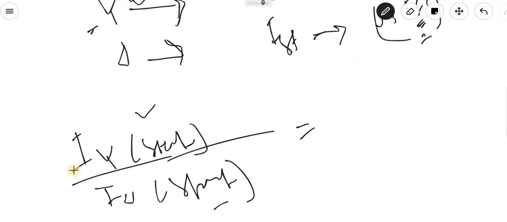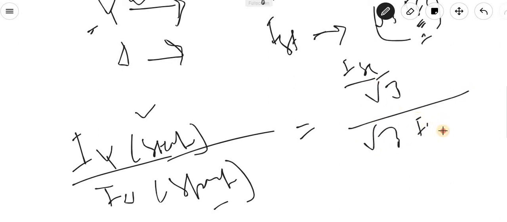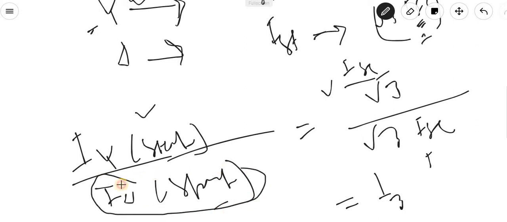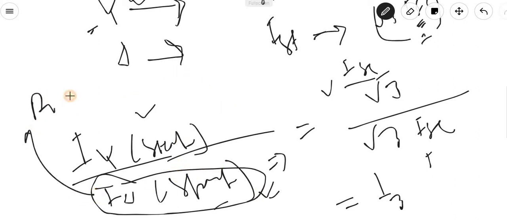ISC over 3 and here 3 times ISC. So ultimately the ratio is 1 to 3 times. So the starting current in case of delta is nothing but the starting current of direct switching.